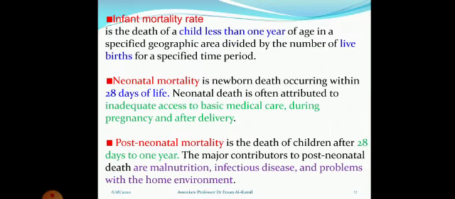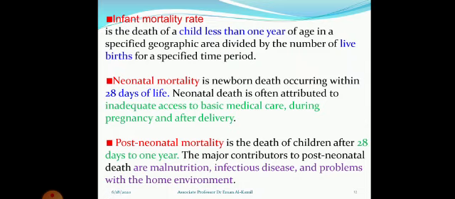The infant mortality rate, as we mentioned, is the number of deaths of children during their first year of life divided by the number of live births. How many babies are born alive? This is the denominator, while the numerator is the number of deaths of children during their first year of life.